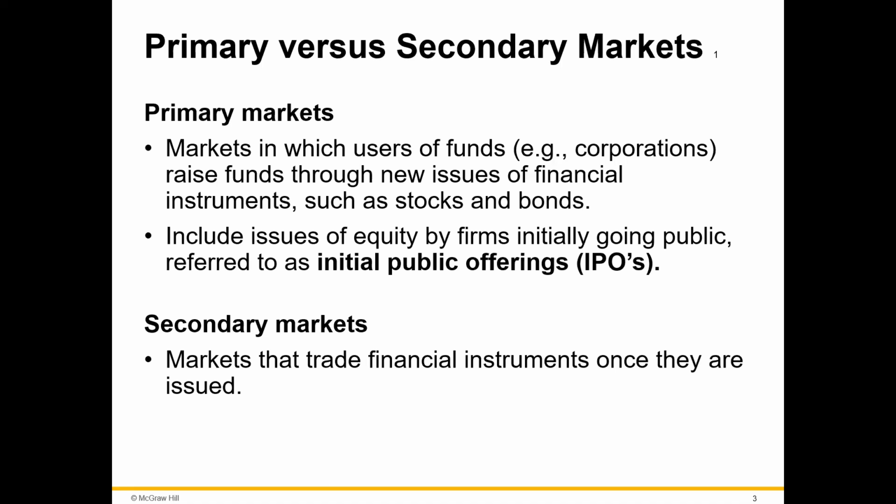The corporation can benefit from that transaction in other ways, but they will not be receiving the money directly. So primary markets is when the actual company sells shares to investors and receives the money. Secondary market is when the investors sell between themselves, and the company's not part of it anymore.